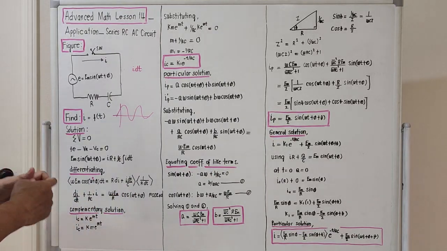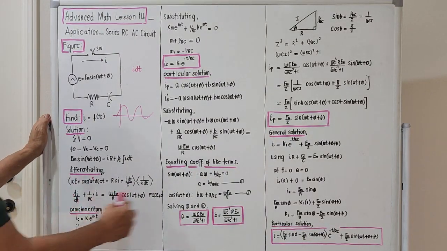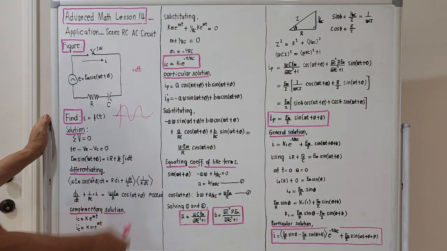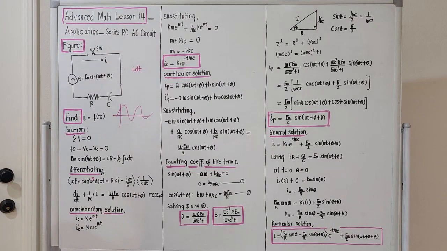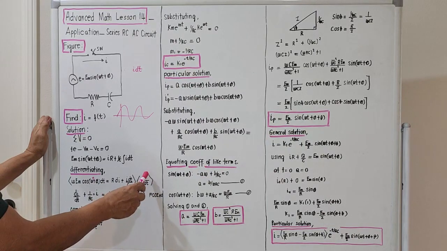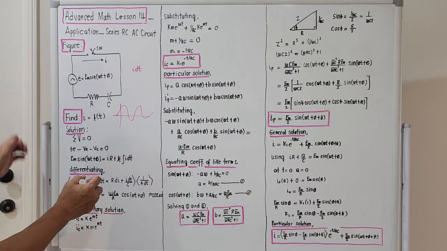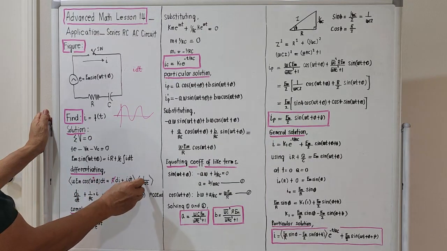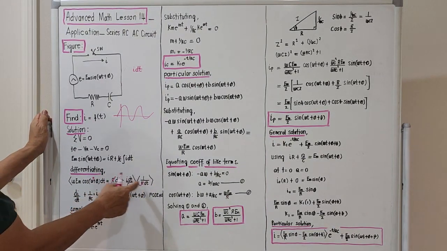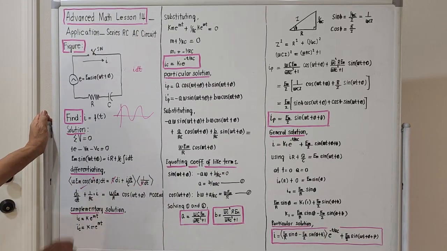To simplify the resulting equation, we will multiply all the terms by 1 over the product of R times differential time. There's a reason for that: we want to make the first term simply di dt. If we multiply R di by the quantity 1 over R dt, the R cancels, and what remains is di over dt.